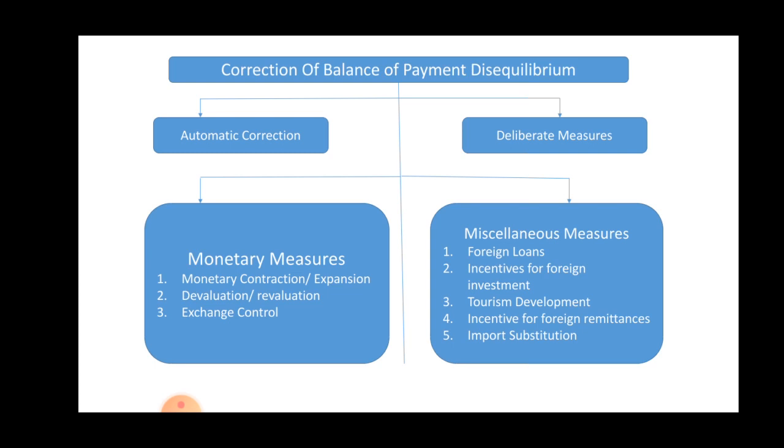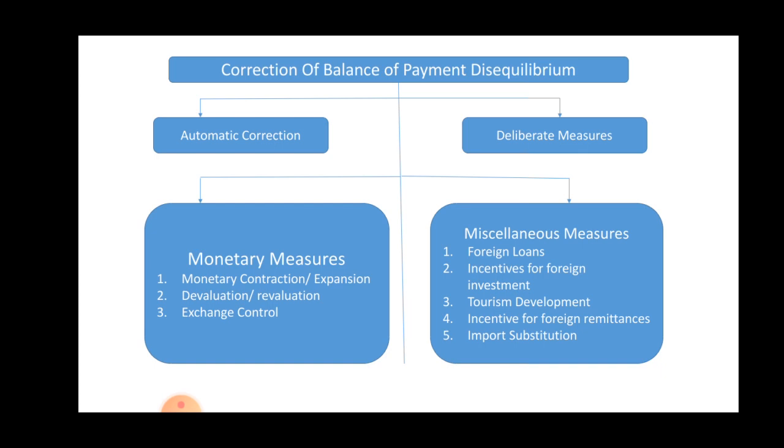Monetary measures means monetary contraction and expansion, devaluation, and exchange control. Miscellaneous means foreign loans, incentives, tourism, and others. And trade measures are explained as export promotion and import control.